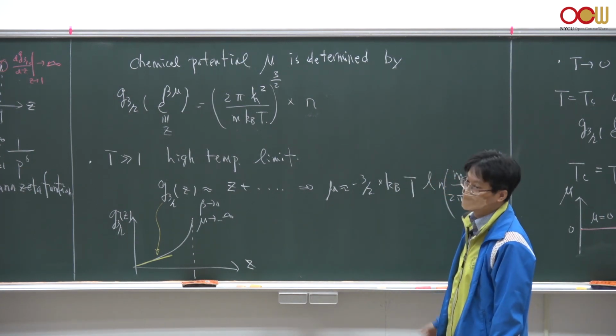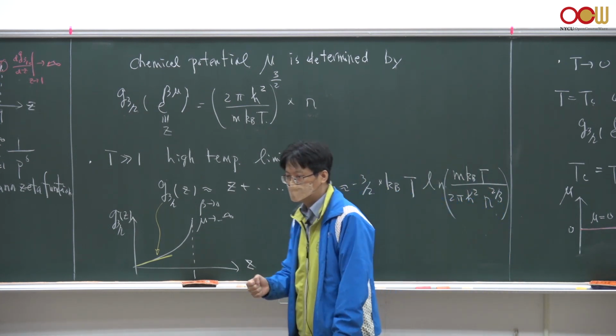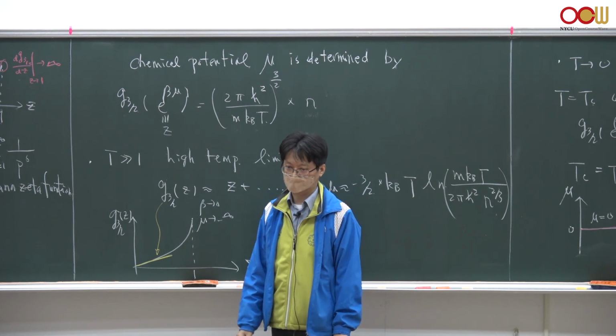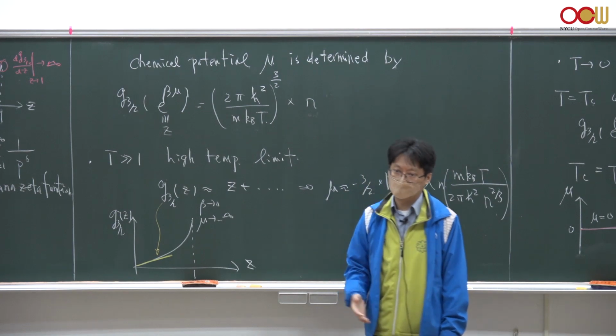So let's look at the behavior of the chemical potential, because that determines how much energy we need to inject to add or remove a boson, right? So we need to know this chemical potential as a function of temperature.